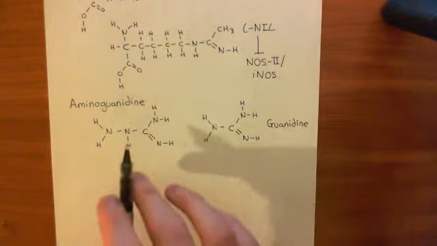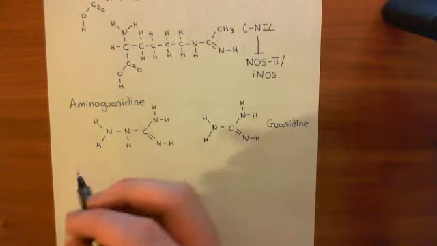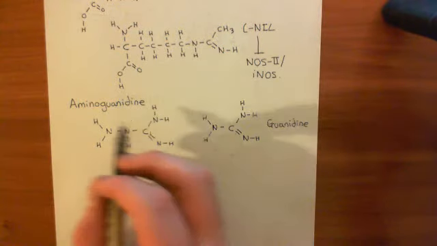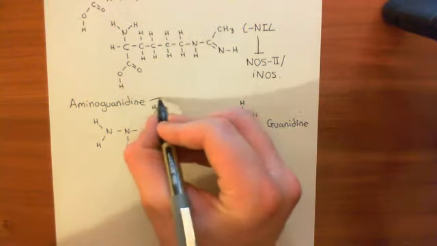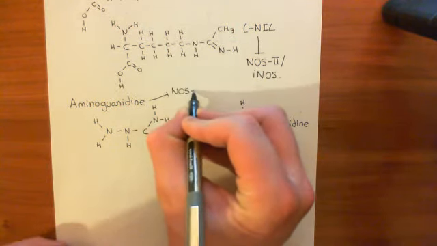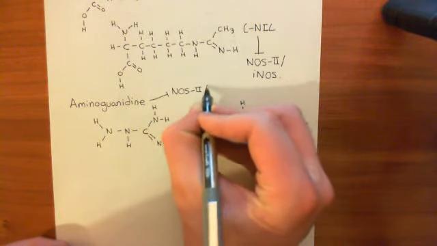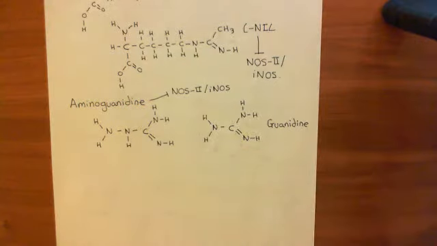So amino guanidine is another selective NOS2 inhibitor, and I hope again you can see that this is mirroring the structure of the terminal end of L-arginine. So again, it's a selective NOS2 inhibitor, or the other name for NOS2 was iNOS. So it inhibits NOS2.